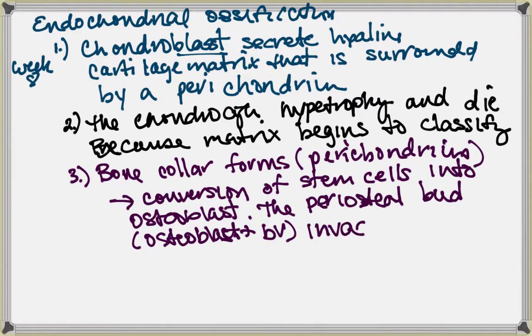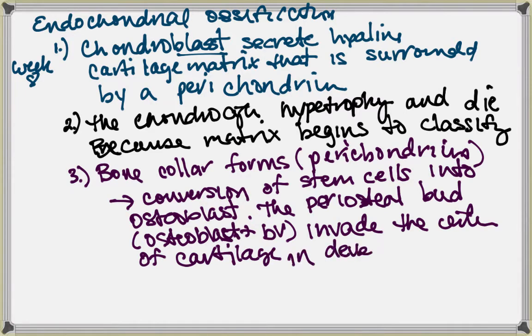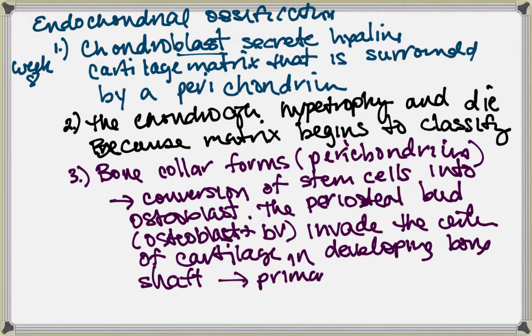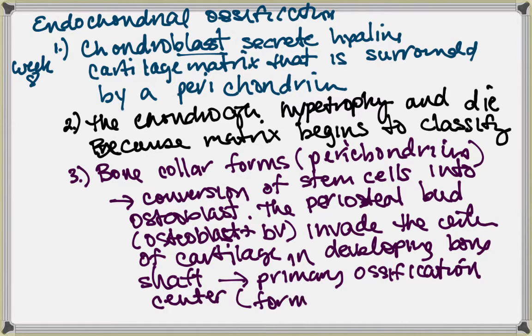And so they invade the center of the cartilage in the developing bone. And so this is what's going to form the primary ossification center. And that's just the center that starts ossifying first. And so this is going to start beginning to form spongy bone.